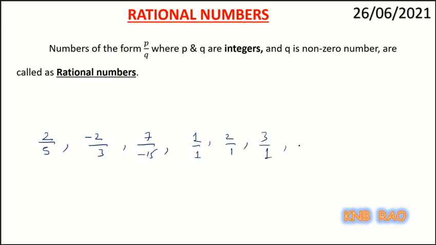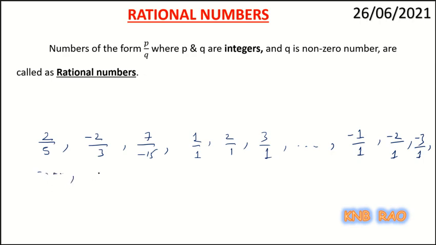So, it can be wholes also, it can be minus 1 by 1, minus 2 by 1, minus 3 by 1. Likewise, they can be wholes on the negative side also.